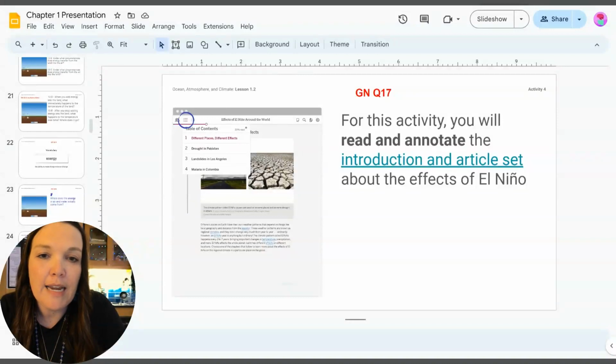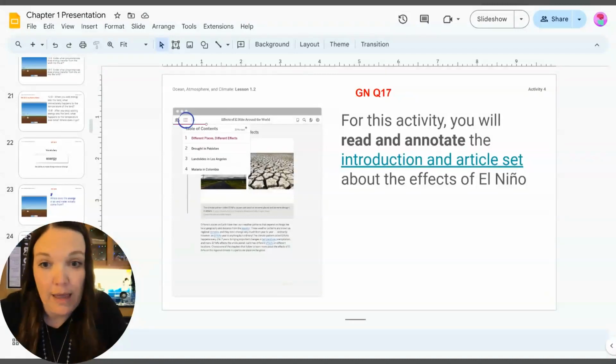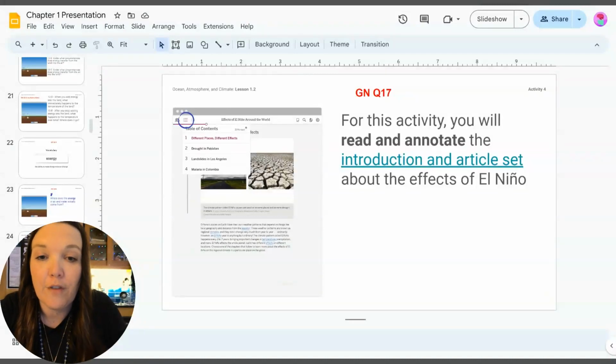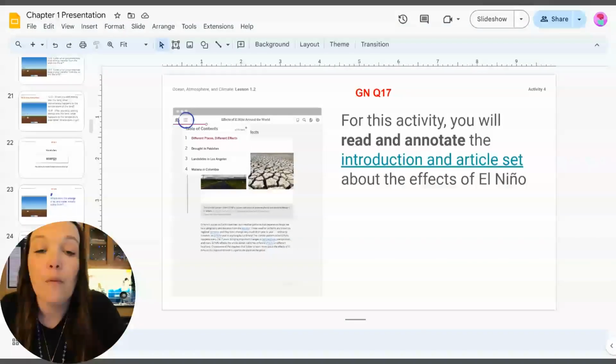Then you're going to move on, and even though Amplify says to choose one, we want you to read the intro and all 3 sections after the intro, and summarize each of them. So you should be summarizing the first article titled Drought in Pakistan, the second article titled Landslides in Los Angeles, and the third article titled Malaria in Colombia. You're going to be summarizing each and every one of those.